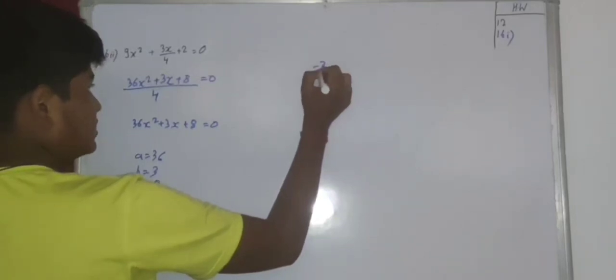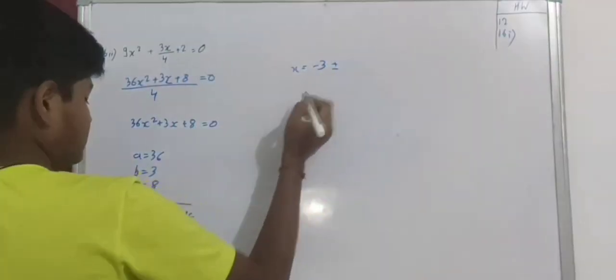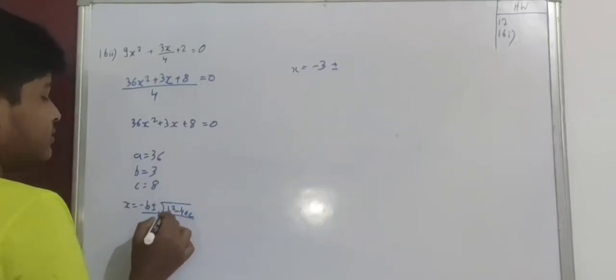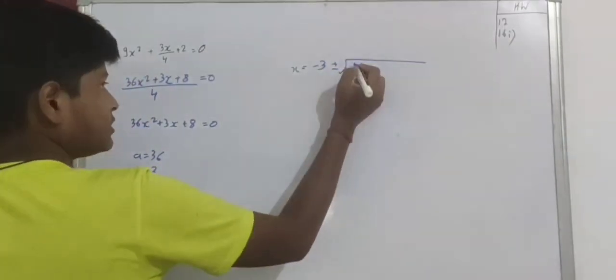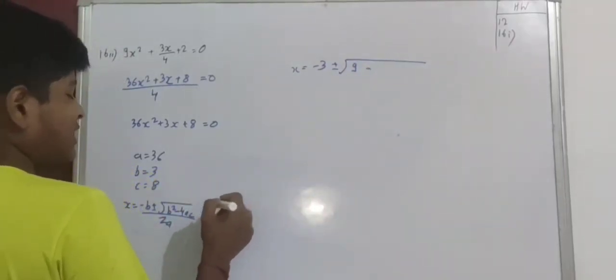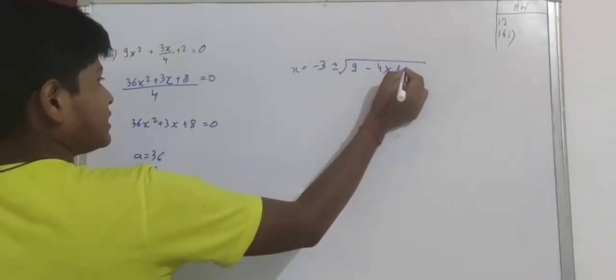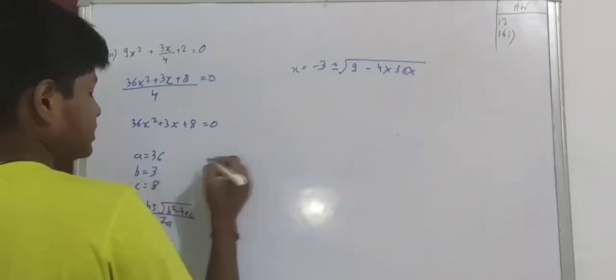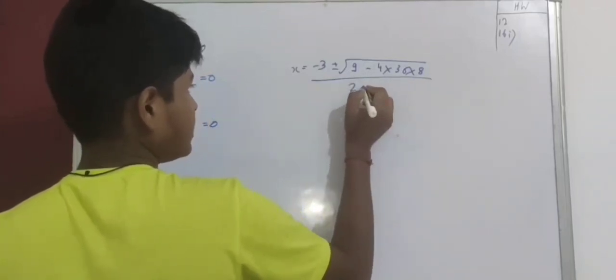Now putting the values, minus b and b is 3, so it will be minus 3, then plus minus under root b square, means square of 3 is 9, minus 4ac, so 4 into 36 into 8, divided by 2 into 36 because a is 36.